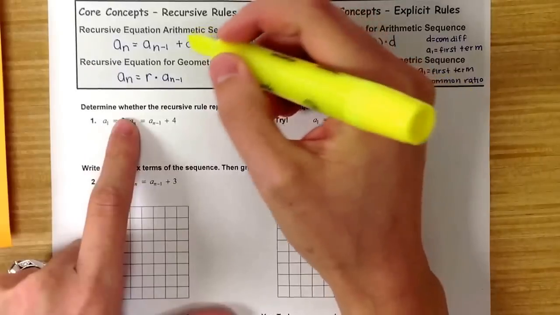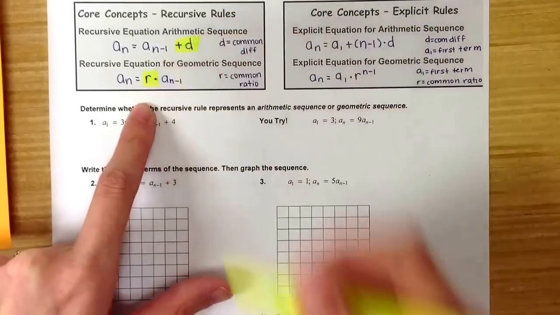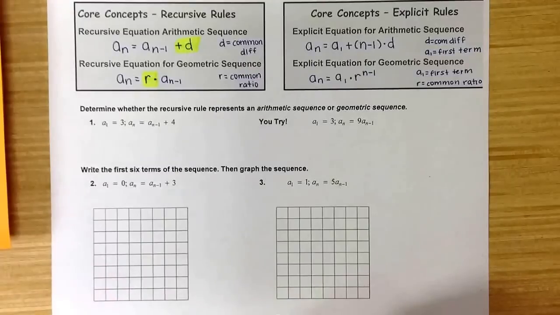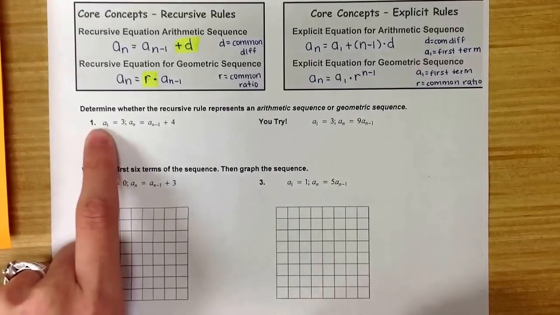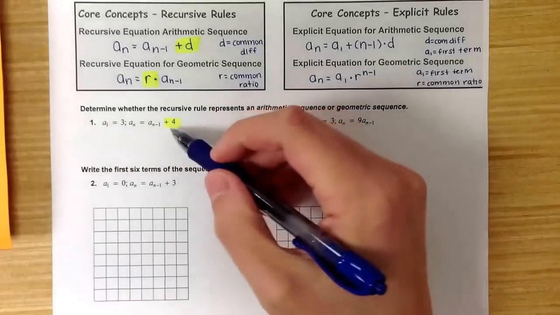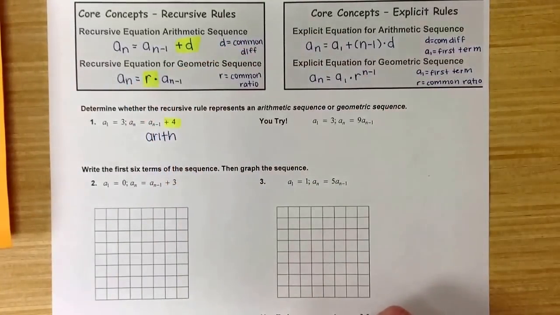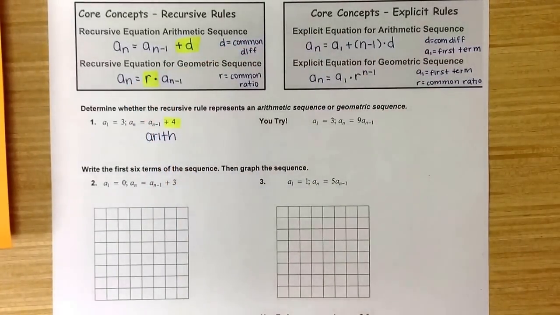The only difference is that arithmetic has a plus something at the end, and then geometric has a times something in the beginning. So that's what you're really looking for. So take a look at this one. You have a plus something at the end, so if you have a plus something that was arithmetic. Okay, you try. Go ahead and pause the video. Try this one yourself, please.